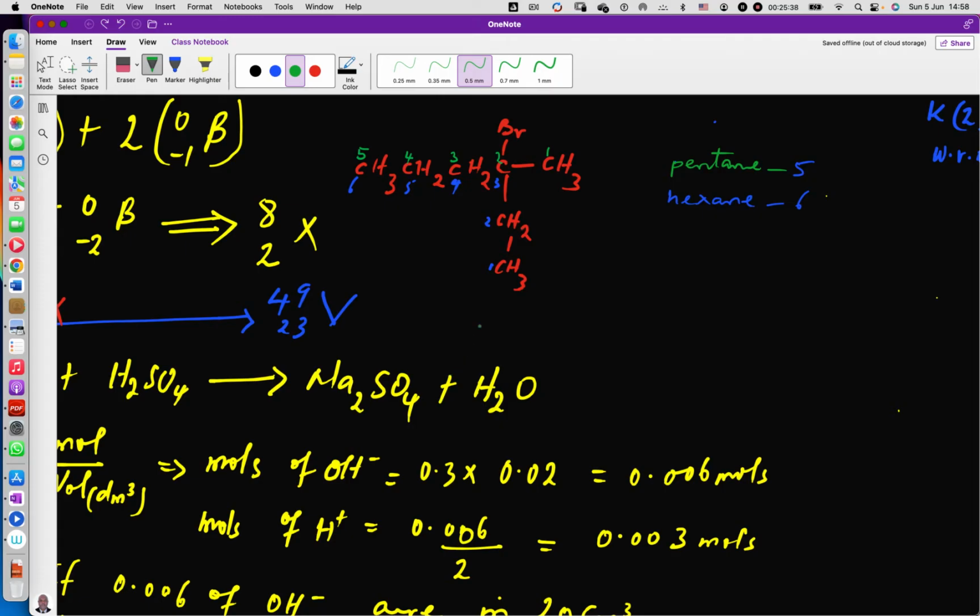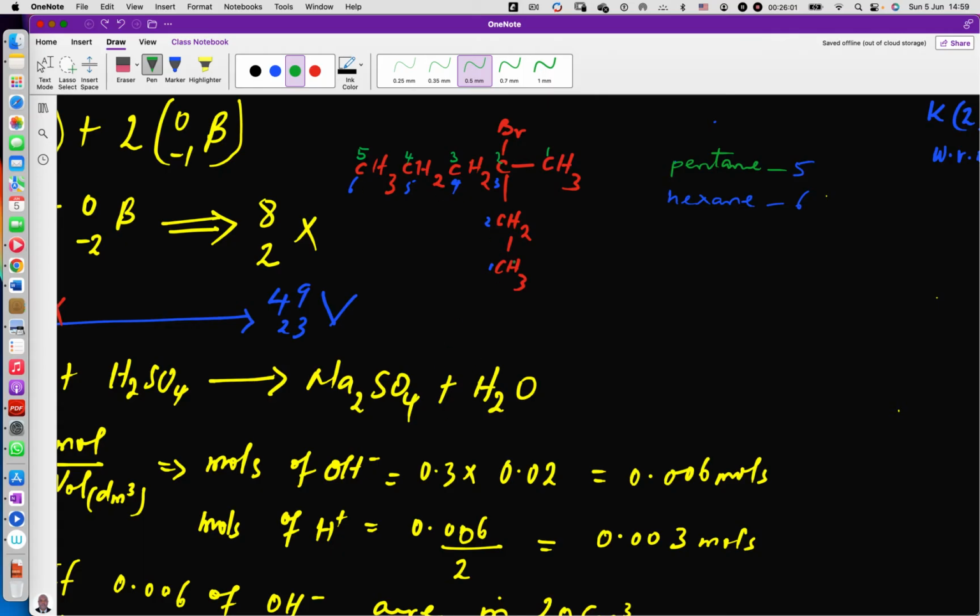Now we have to number it, because in naming organic compounds preference is given to the longest carbon chain. Let's number it 1, 2, 3, 4, 5, 6. We have 6 carbons here because the carbon chain has increased.